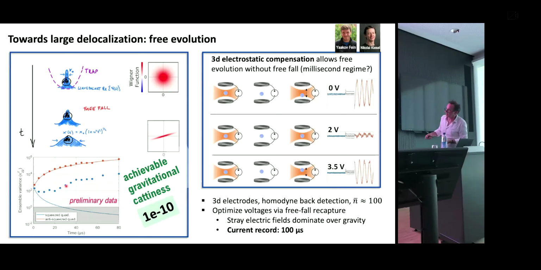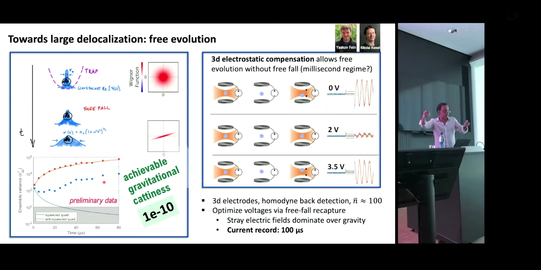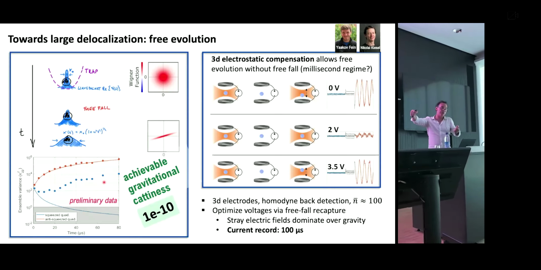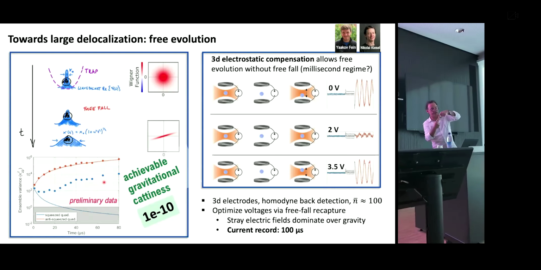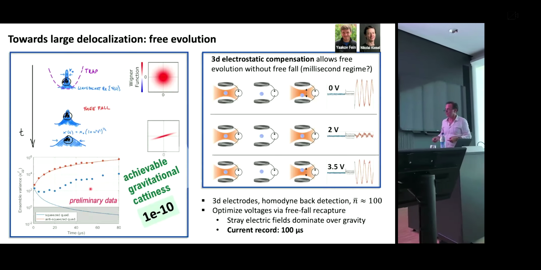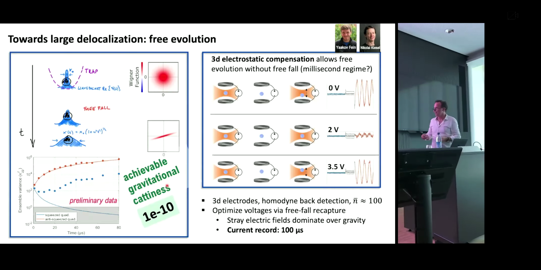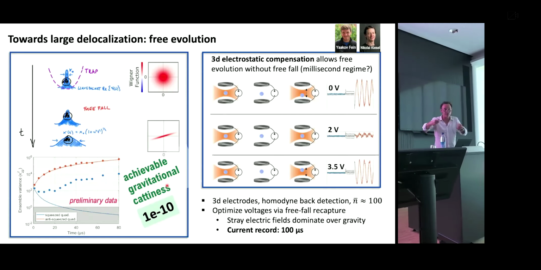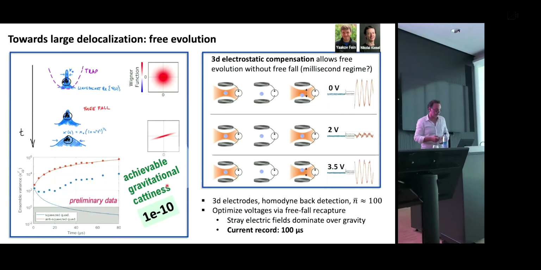And in that case, this is like 2 orders of magnitude increase after 80 microseconds in the variance of our delocalization. In principle, it should now also be squeezed by the same amount in the other quadrature. As you can see, the measurement is not really nice right now, but this is work in progress. But the point is the delocalization, this idea of just having free evolution actually works.